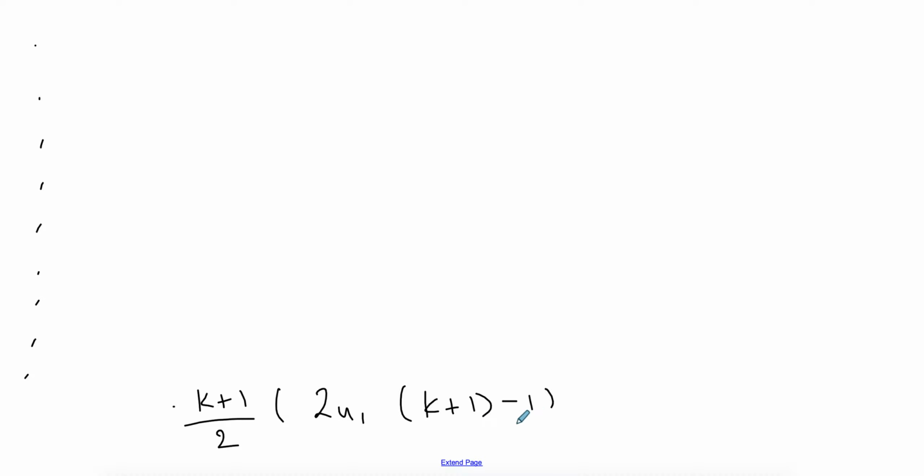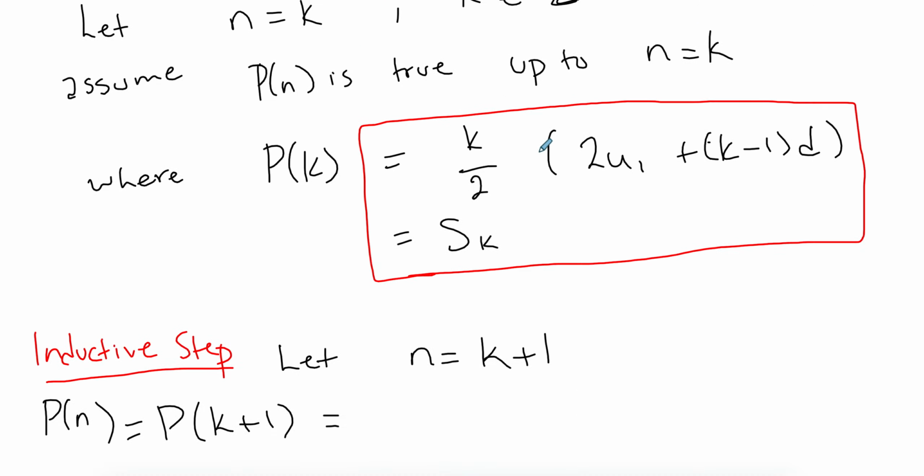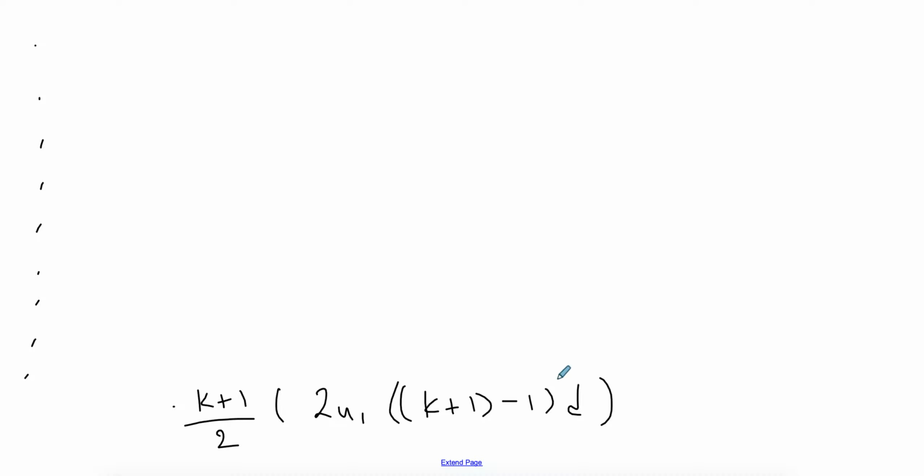What we want to get to after proving everything is k plus 1 over 2 (2u1 plus (k plus 1 minus 1)d). This is what we want to get to. We want to show that if I actually use my previous result, I'm going to end up with the same formula that I was meant to use if I substituted.